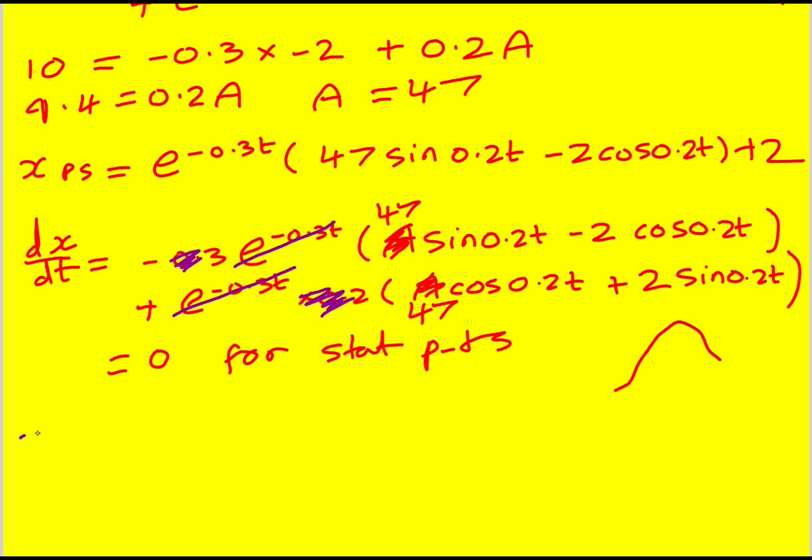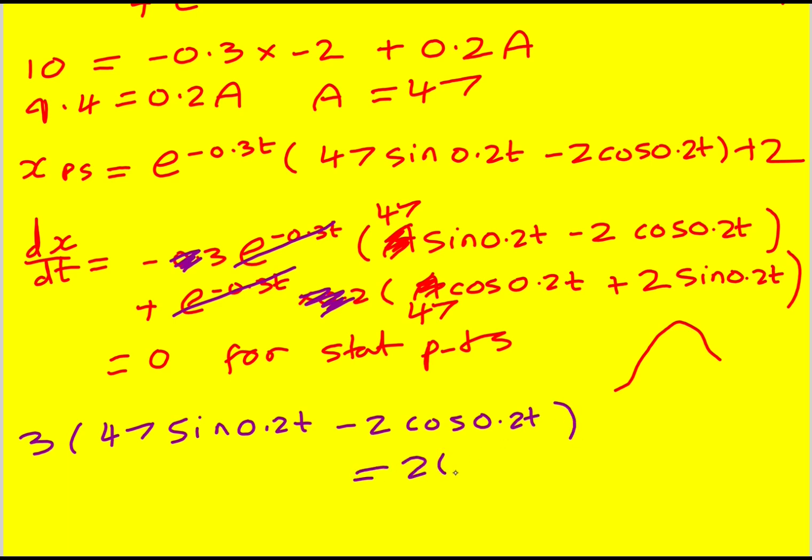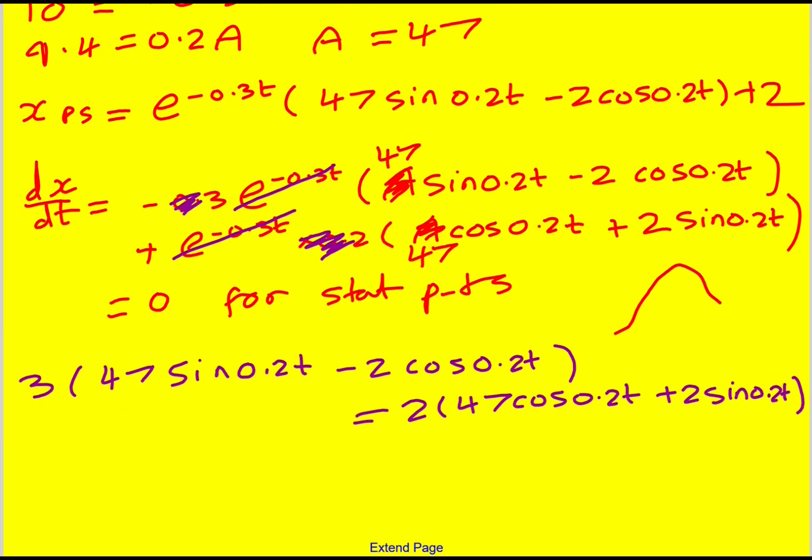Now let's get it so they're on opposite sides. If we add this first term onto both sides, we'll get 3 times 47 sine 0.2t minus 2 cos 0.2t equal to 2 times 47 cos 0.2t plus 2 sine 0.2t. Let's multiply out the brackets.